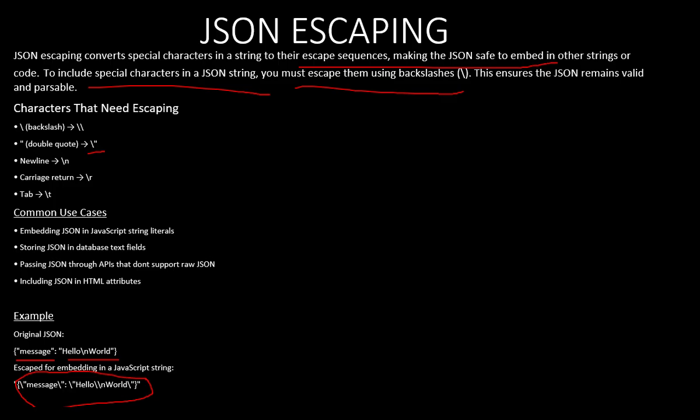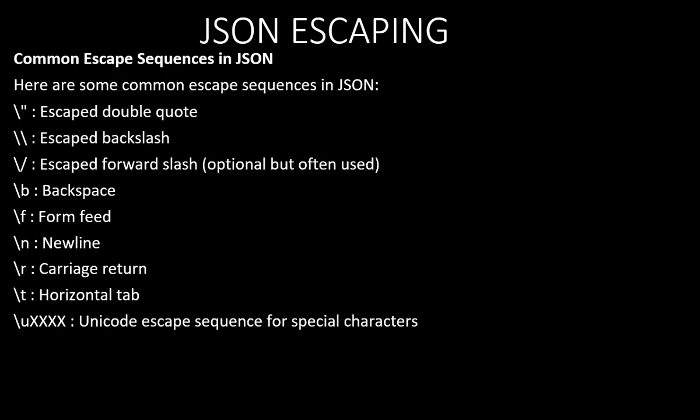The quote at the end is not an issue, but in the middle between these double quotes, if there are some special characters, then you need to escape using a backslash.